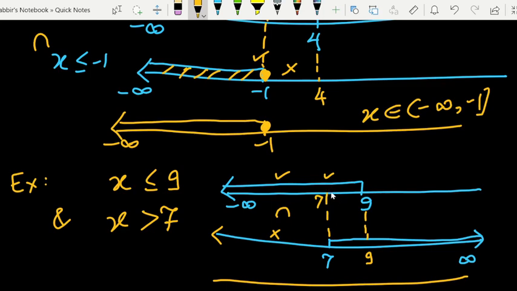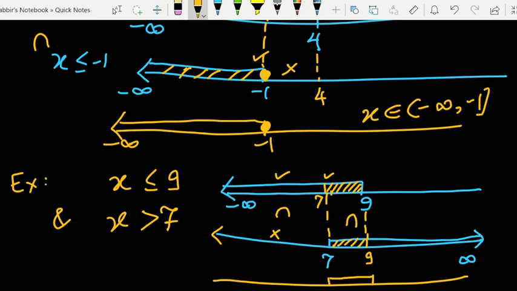Slightly, if you take a bigger value greater than 7, like 7.001, then 7.001 would be included here. As you can see, values greater than 7 and lesser than 9 are in both, they have common values from 7 to 9.